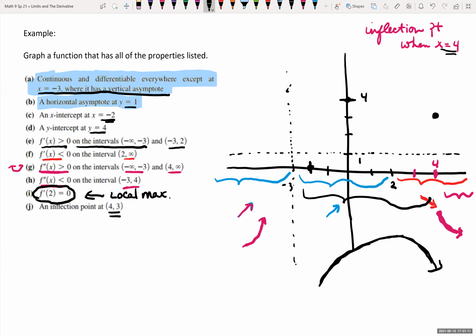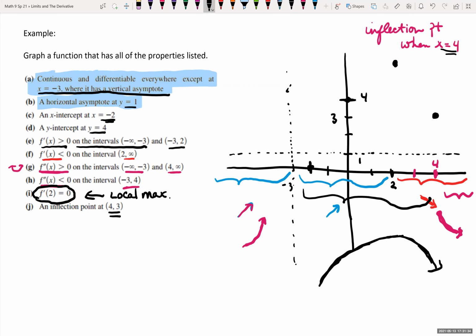So if that's the case, and I know I have a max at 2 and it's decreasing, I need that max to be above this 4.3. So maybe right there.